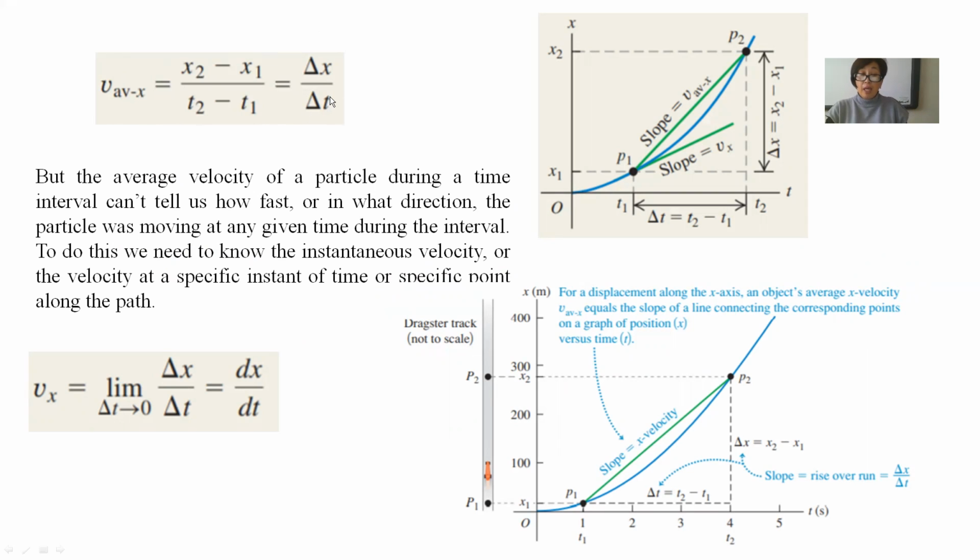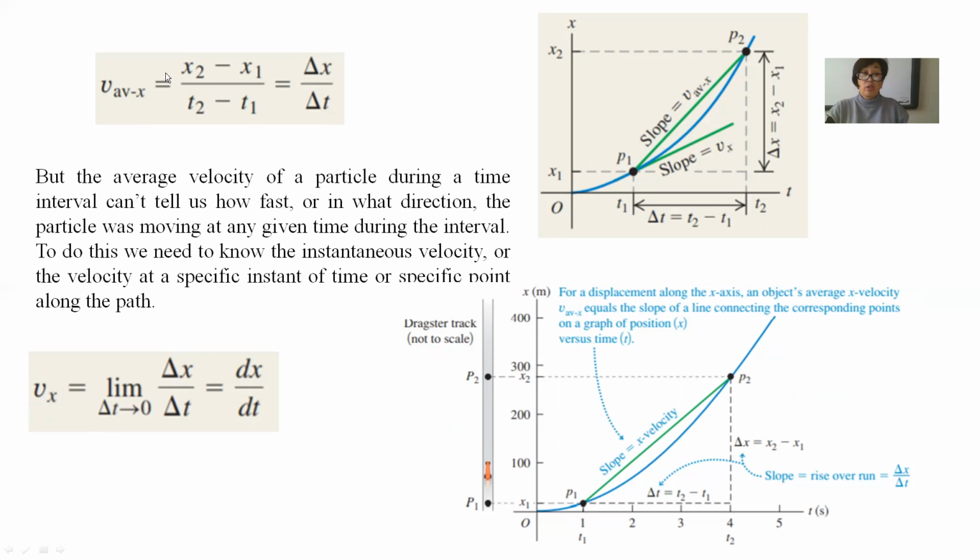But maybe we should calculate instantaneous velocity. The notation for instantaneous velocity is v_x, equal to the limit as delta t approaches zero of the average velocity.